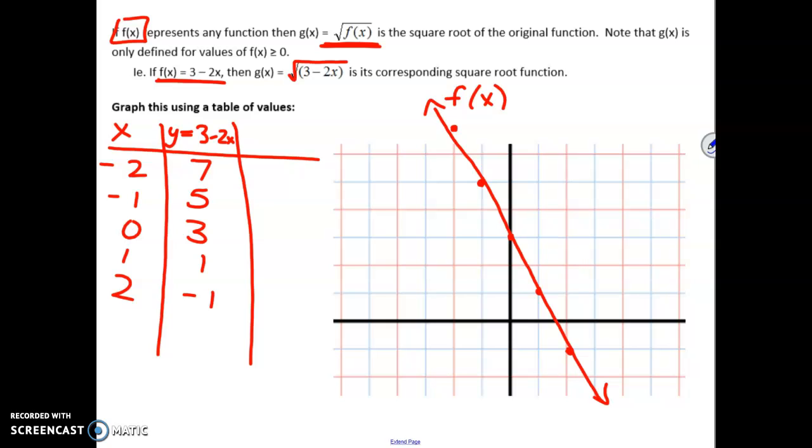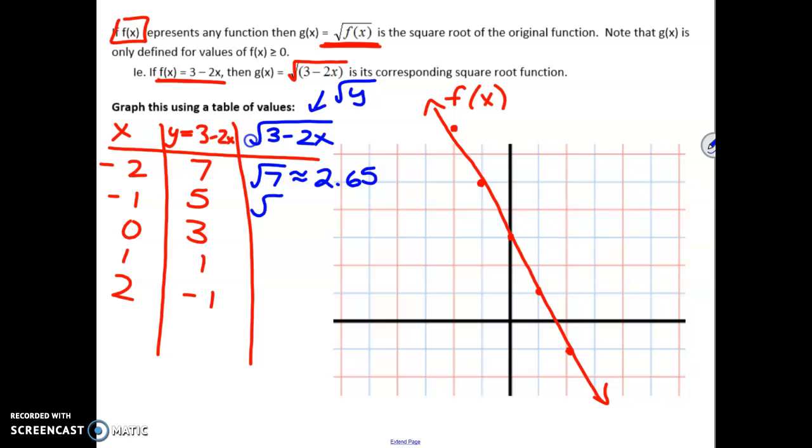Now for the next part, we're going to take the root of 3 minus 2x, which means we're rooting the y values. So we're going to start with the square root of 7, and the square root of 7 equals approximately 2.65. Those little wiggly equal signs mean approximately.